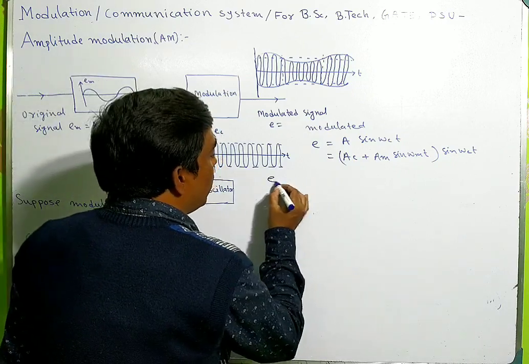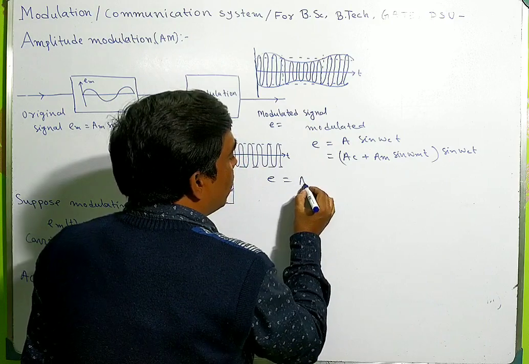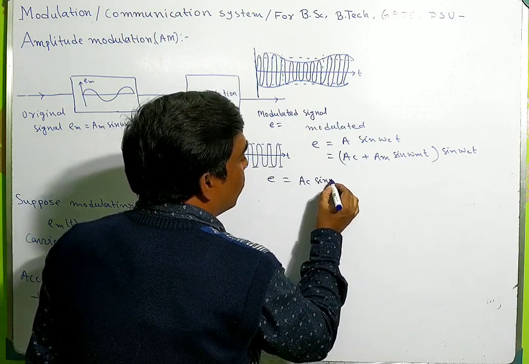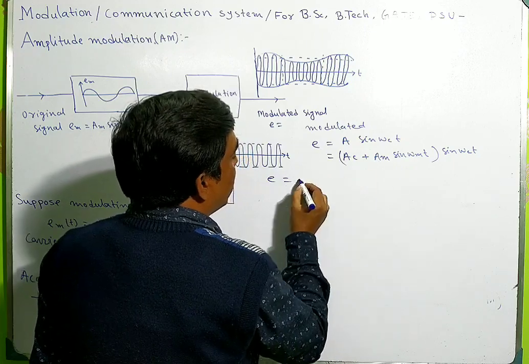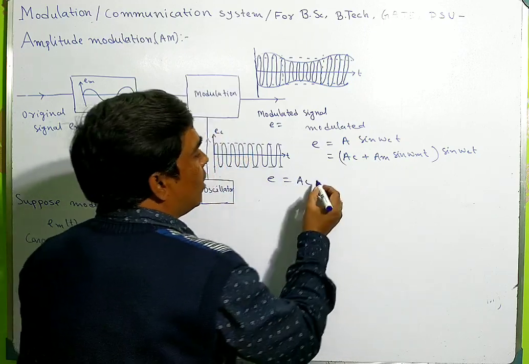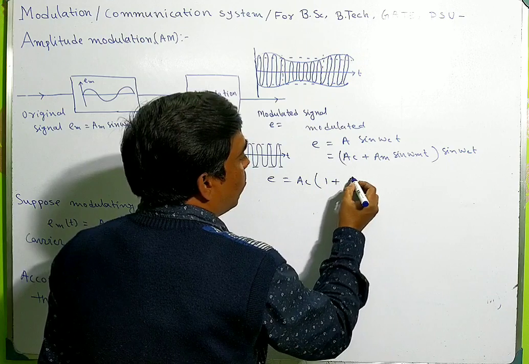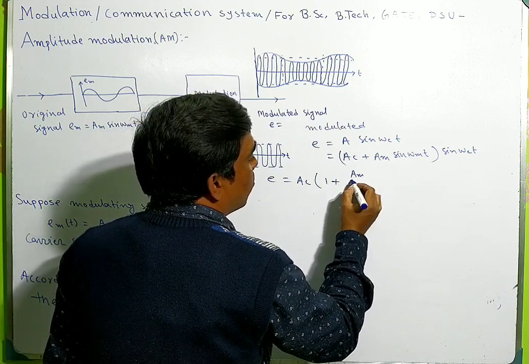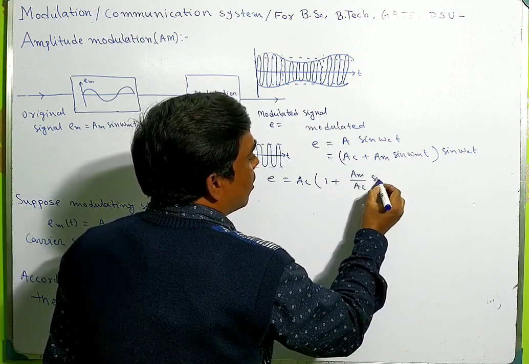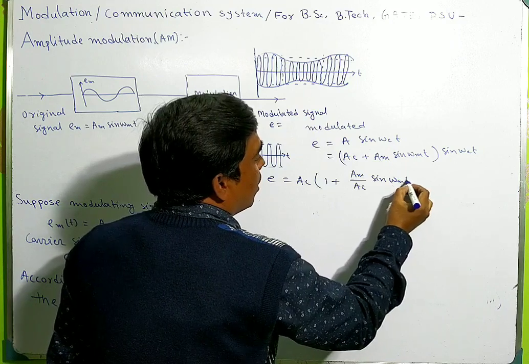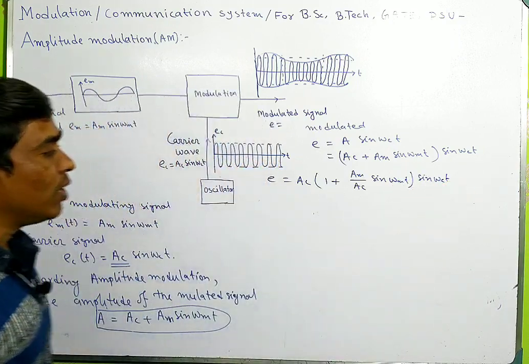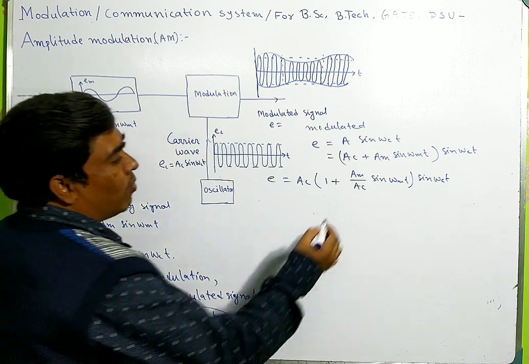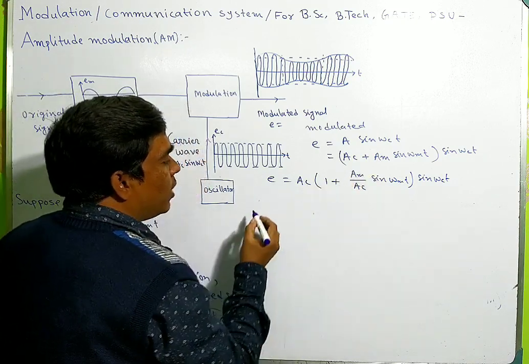The modulated signal will be E equals A sin omega_c t, and A will be this. If you take A_c common, it can be written as E equals A_c (1 plus A_m by A_c sin omega_m t) into sin omega_c t. Now this term, A_m by A_c, is called the modulation index.